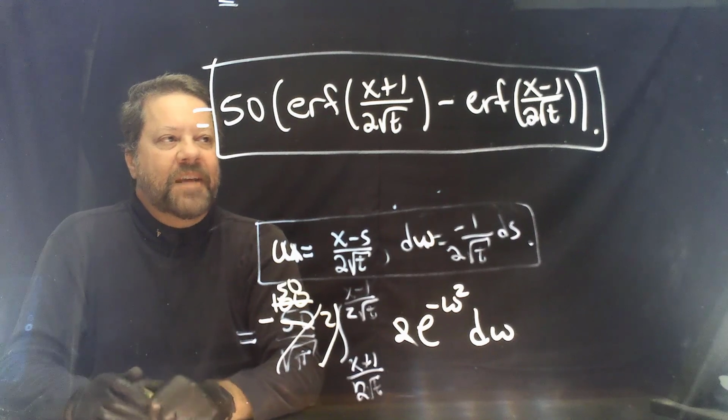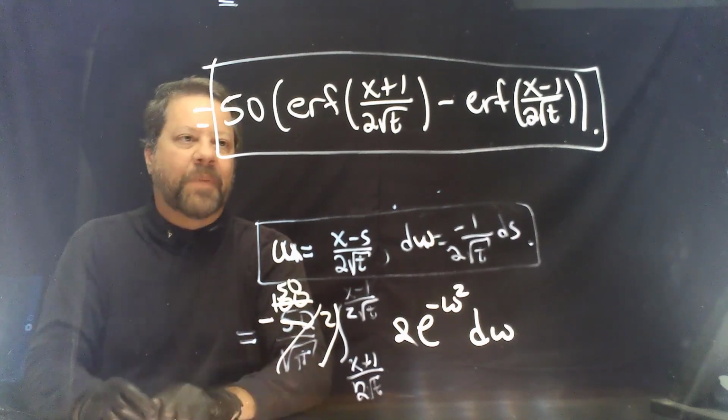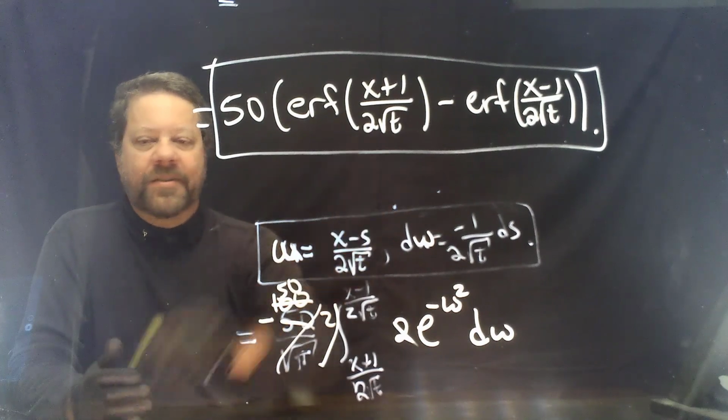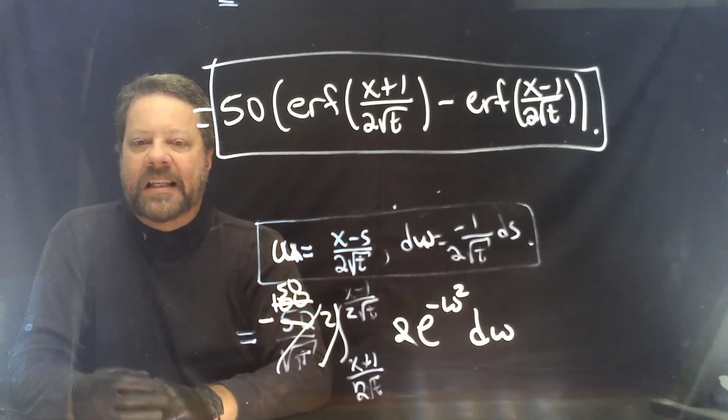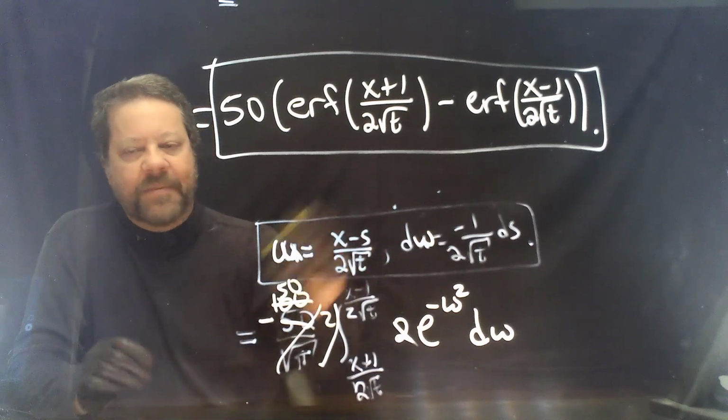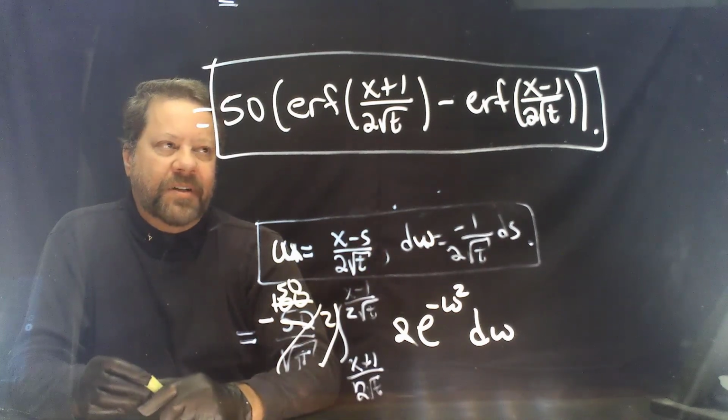So you can see we're getting the movement of these boundary parts. We kind of think of this square root of t as being like the standard deviation, and so what happens as time goes along is that standard deviation becomes larger and larger.